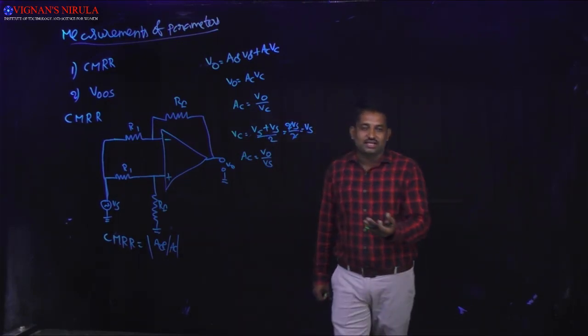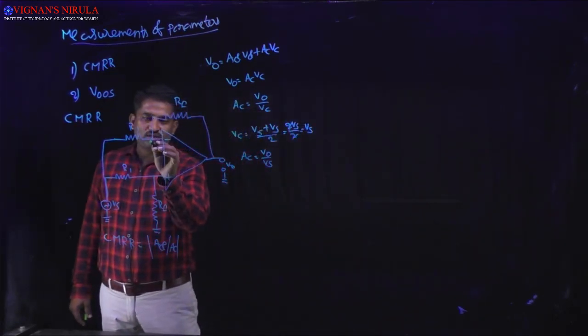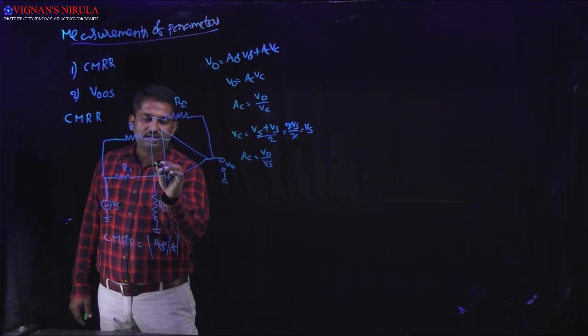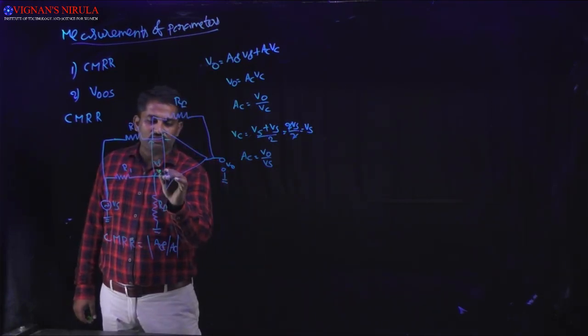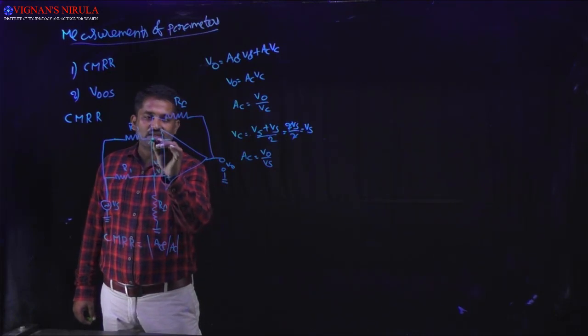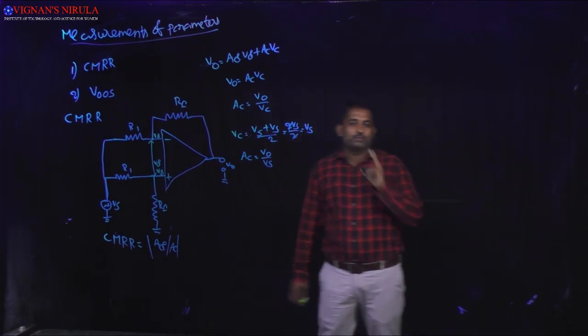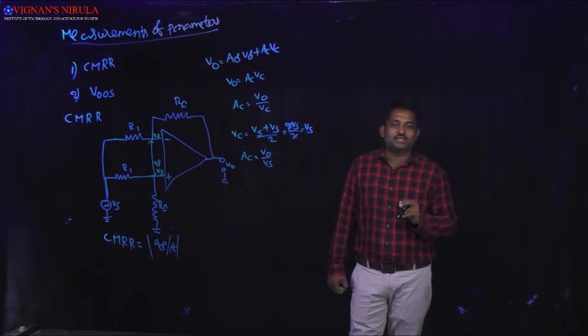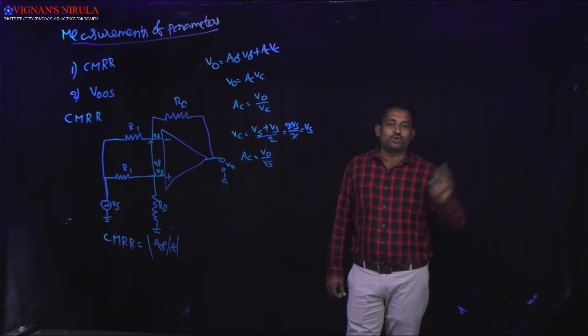How can you calculate the AD value? By using this circuit here, which is nothing but the difference of input voltages. Here the potential at the non-inverting terminal is VB and the potential at the inverting terminal is VA. When both input terminals are applied at a time, it is not possible to calculate the output voltage.